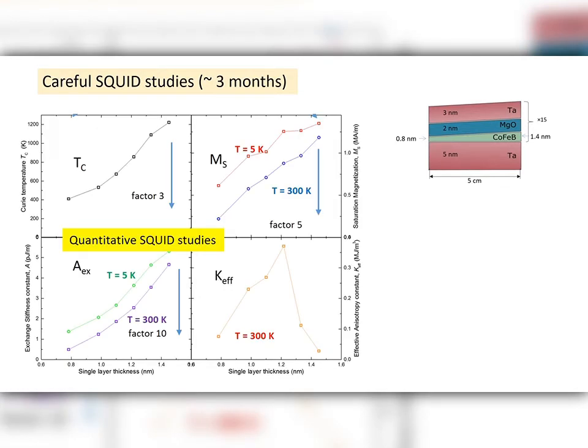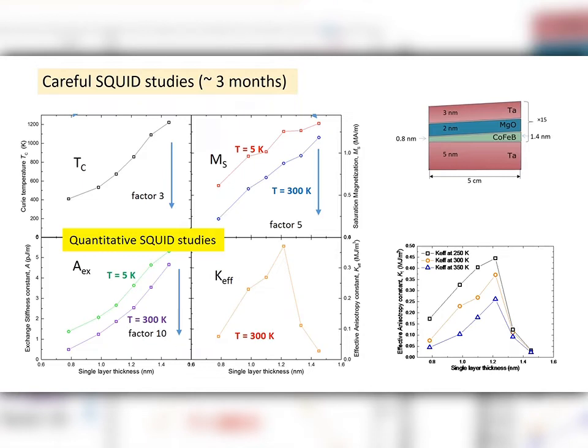So you see here, the Curie temperature as a function of thickness is reduced by a factor of 3. The saturation magnetization, which is itself temperature dependent, reduces from 14 angstrom to 8 angstrom by a factor of 5. The exchange constant, also temperature dependent, reduces by a factor of 10, and the K effective peaks at 12 angstroms.